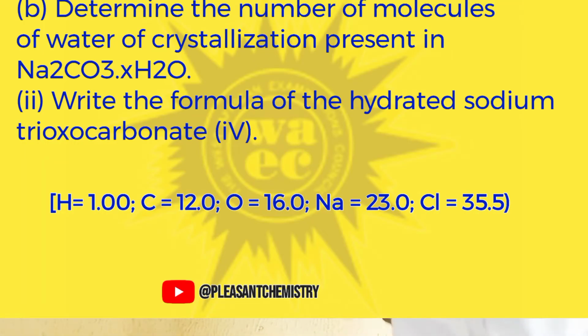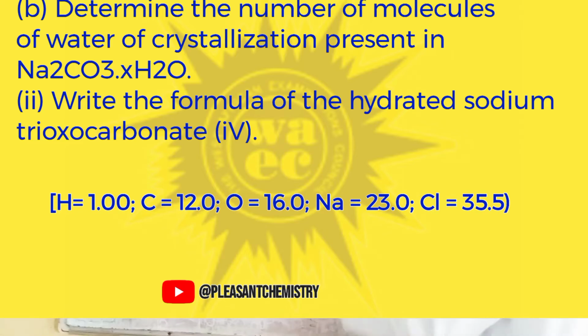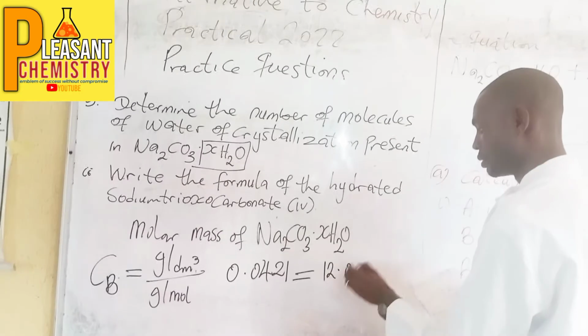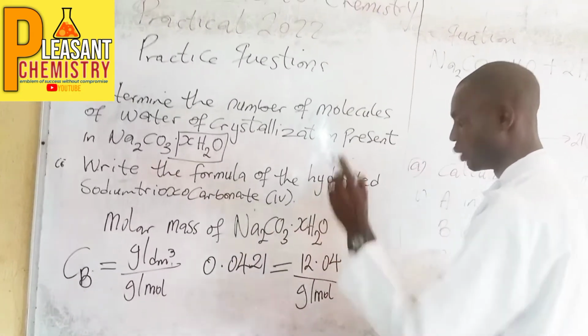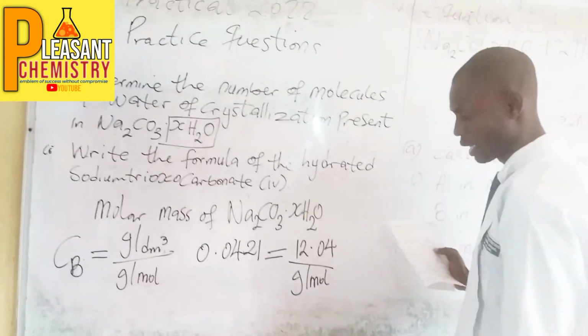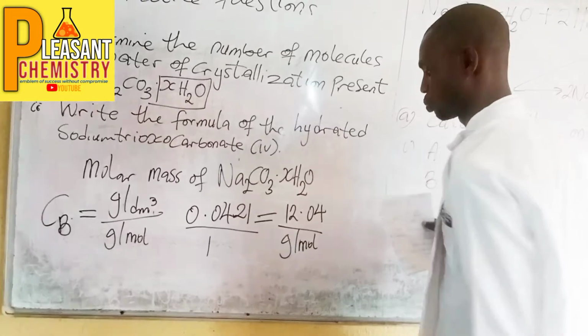Now we've determined Cb, which is 0.0421, and the mass concentration, which is 12.04, divided by gram per mole, that's our molar mass. The next thing we do is make molar mass the subject of the formula, which means we cross multiply.